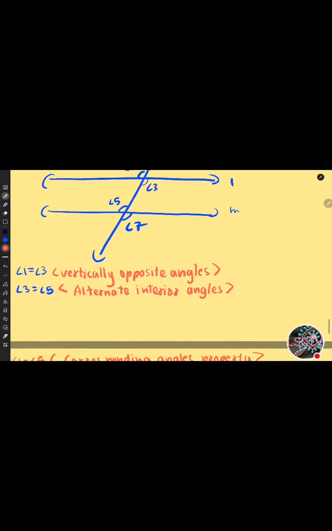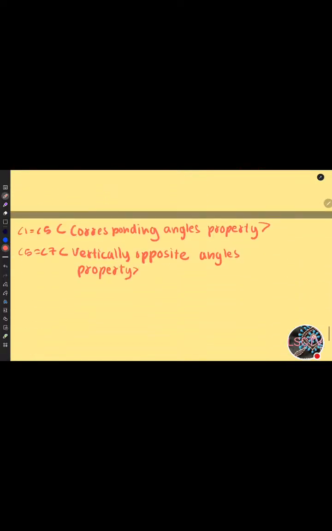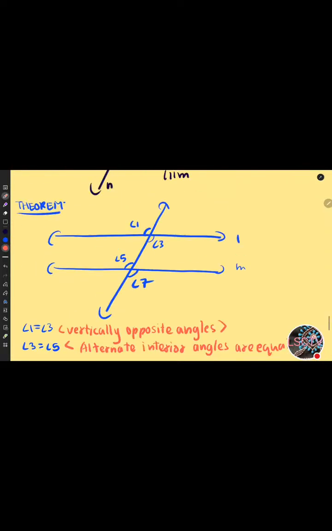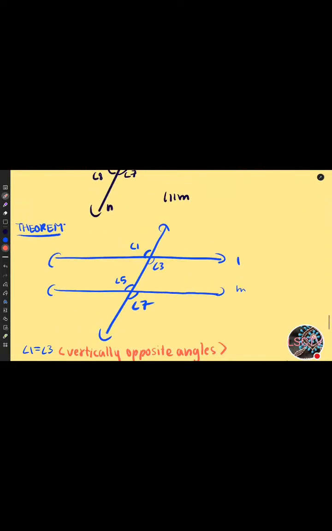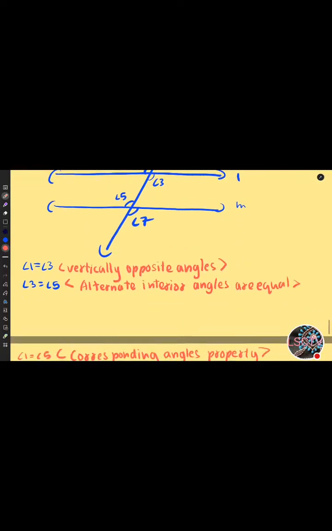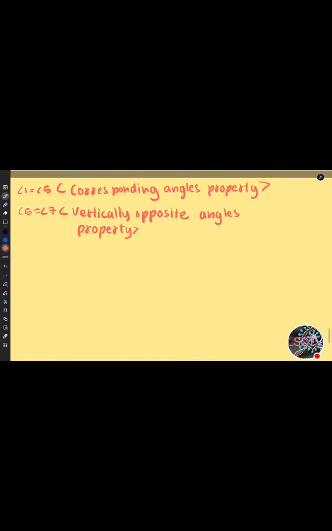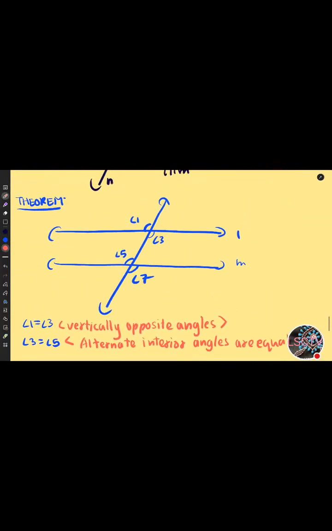Alternate interior angles are equal. Angle 5 is equal to angle 7. How? By vertically opposite angles property. Similarly, angle 2 is equal to angle 4, which is equal to angle 6, which is equal to angle 8, by the same properties.